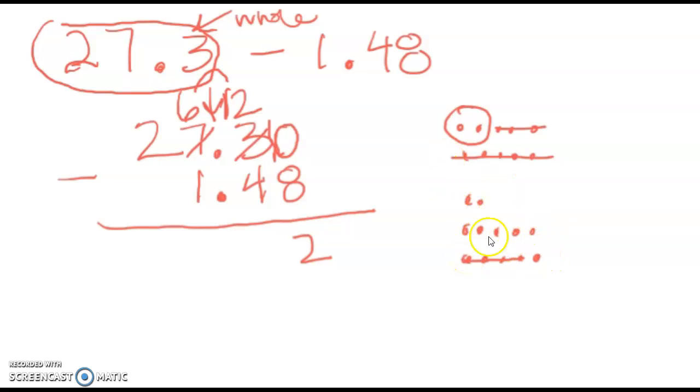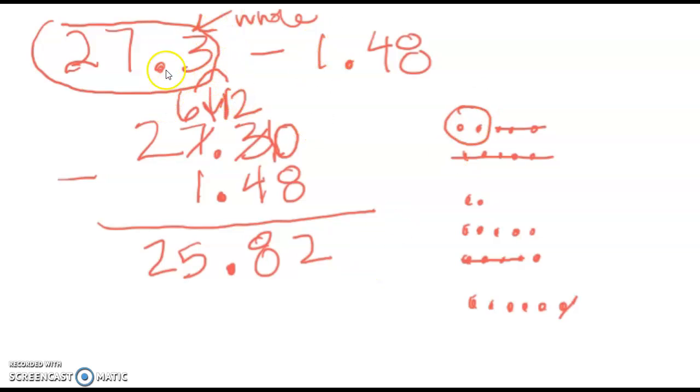If I count it, I will notice I have 8. Line it up by decimal, so put your decimal here. I have 6 ones, and I'm taking away 1. That gives me 5. I have 2 tens minus 0, so I'm going to put 2 here. So my difference between these two was 25 and 82 hundredths.